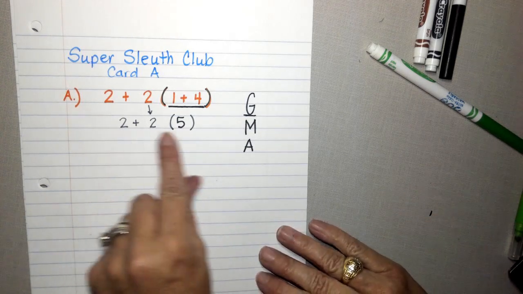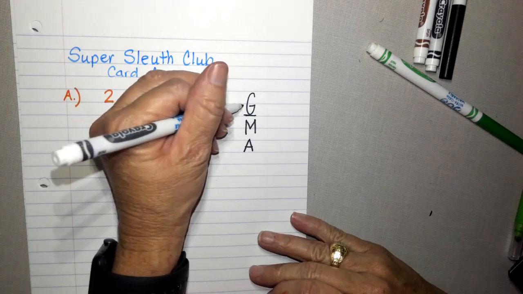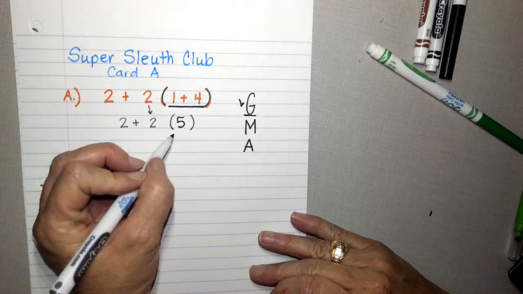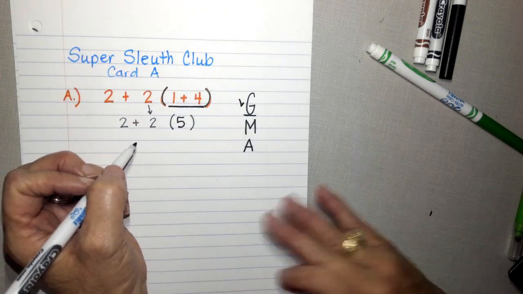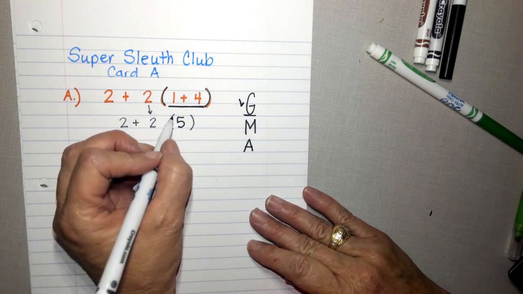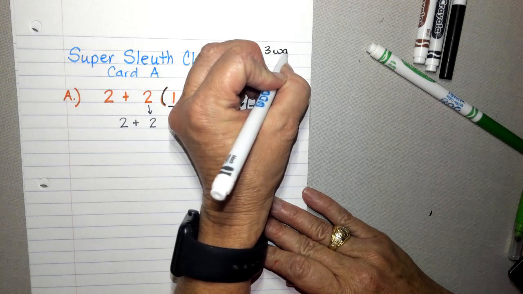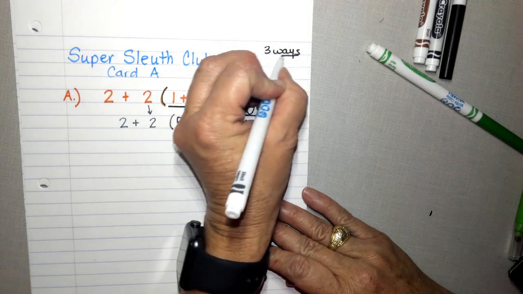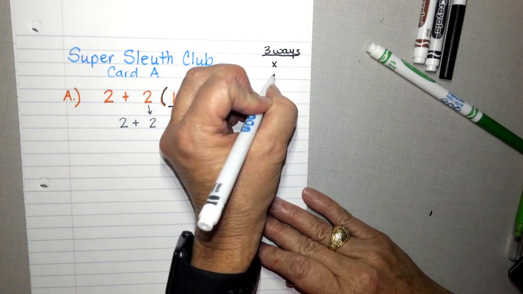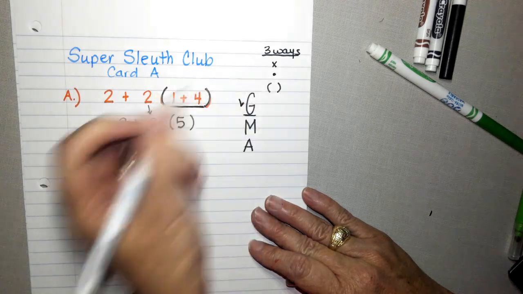So as I scan my problem, I'm done with my grouping symbols because yesterday we talked about ways to multiply. And so we know that there are 3 ways to multiply. We have the X, we have the dot, and then we have the parentheses.